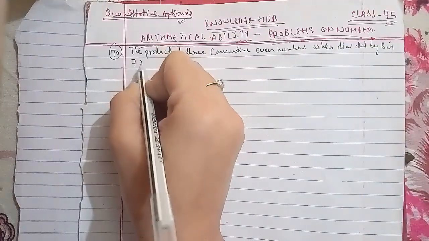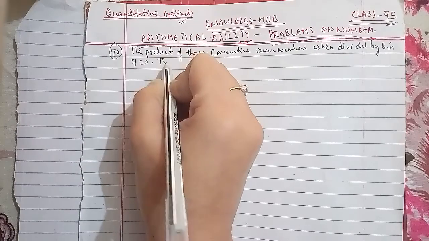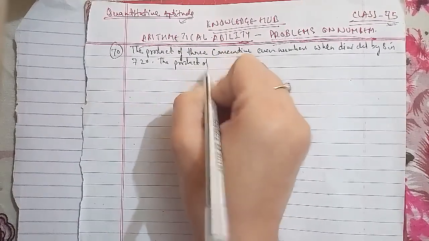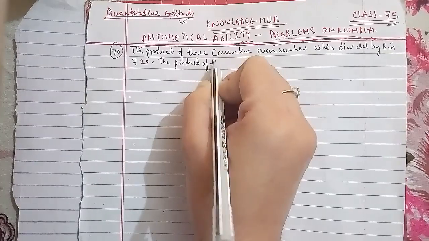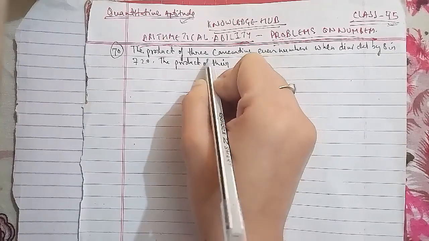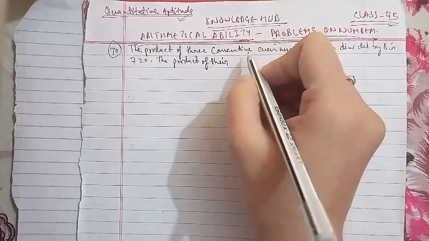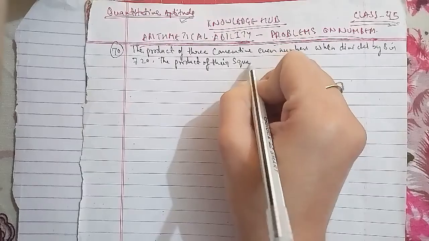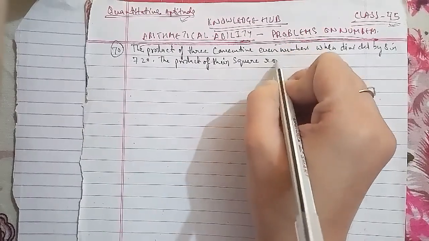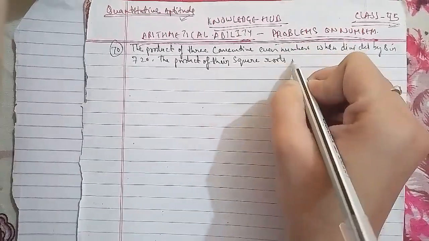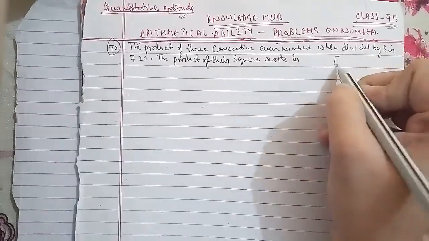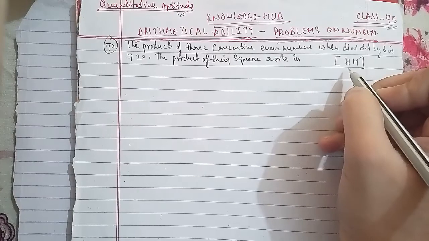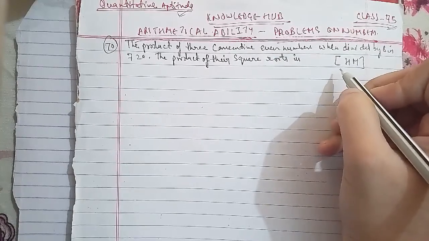The product of their square roots is? This has been asked in a hotel management question paper. The options are 12 under root 10, 24 under root 10, 120, and none of these.